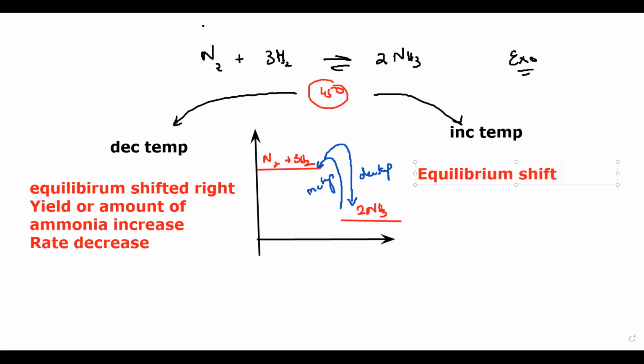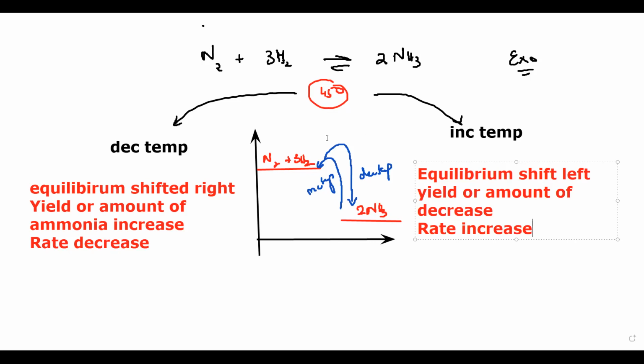The yield of ammonia will decrease, we'll get less ammonia. And the rate, being directly proportional to temperature, will increase.